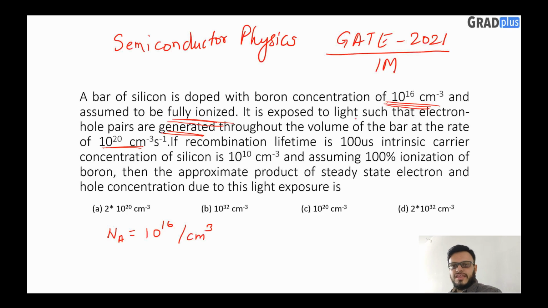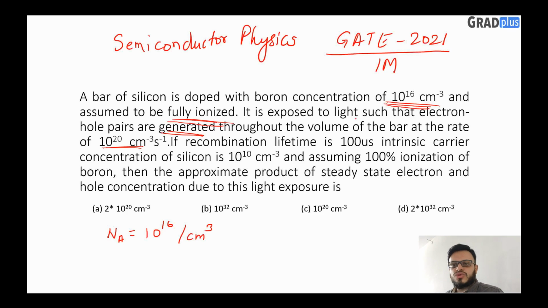We can term it as, if some outside energy is given, the rate at which electrons are coming out of the bond, that is in your valence band, and moving to the conduction band, and what remains in the valence band is your hole. So what is the rate at which these electron hole pairs are getting generated?